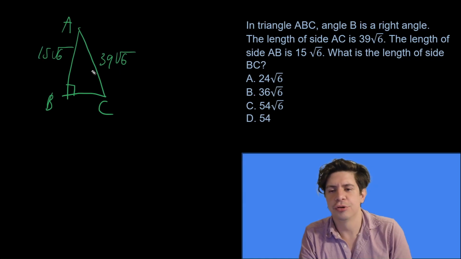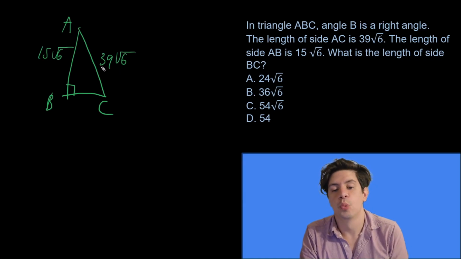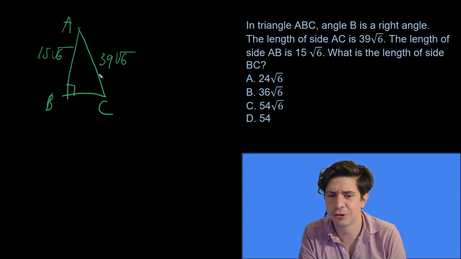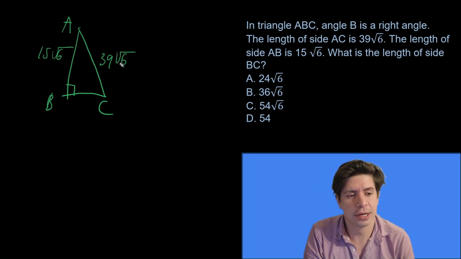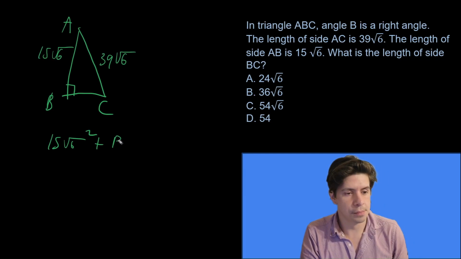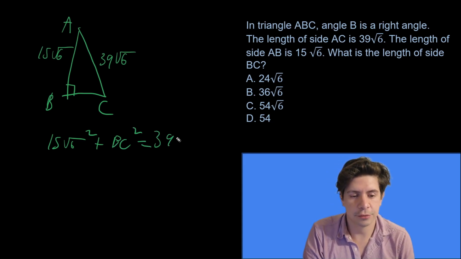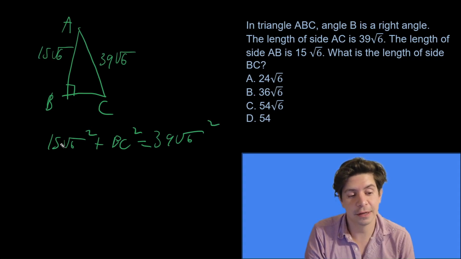Okay, so what are we going to do here? We're going to just do regular Pythagorean theorem. So (15√6)² plus BC² equals (39√6)². 15 squared is 225.